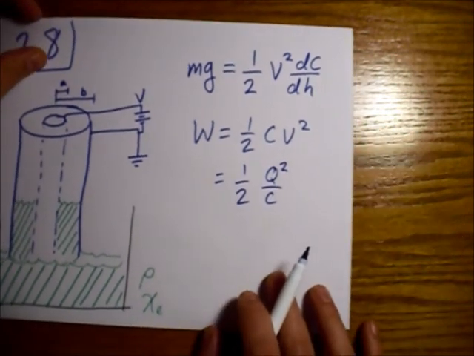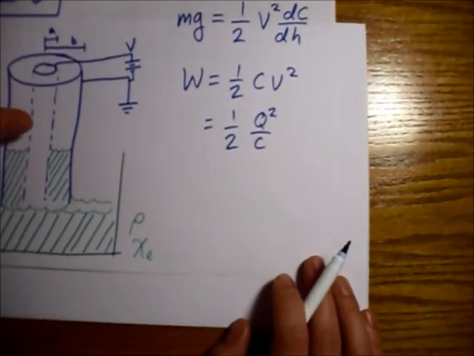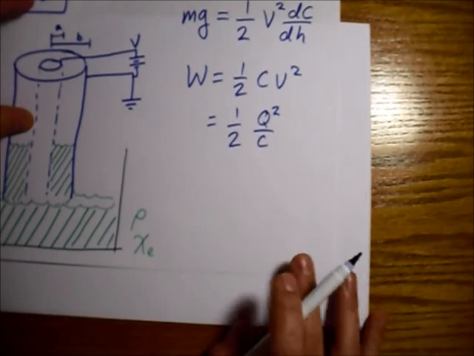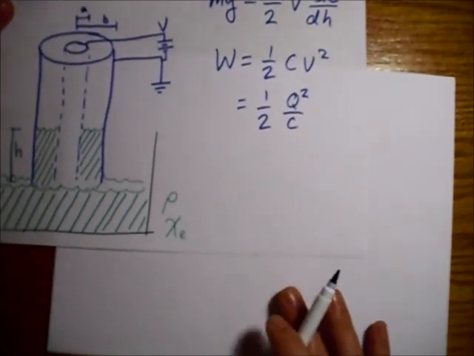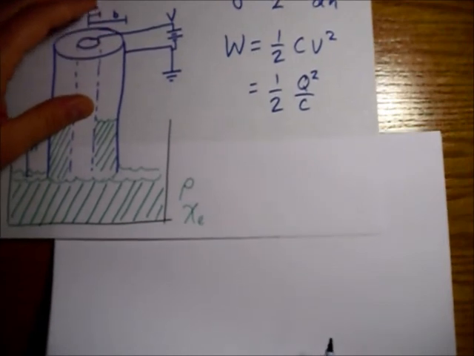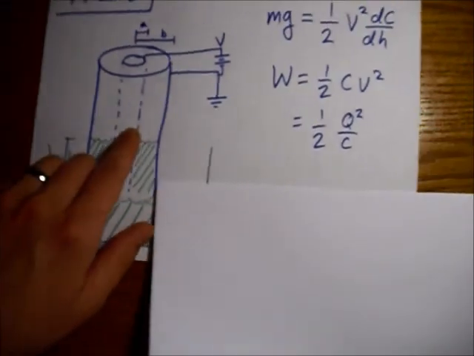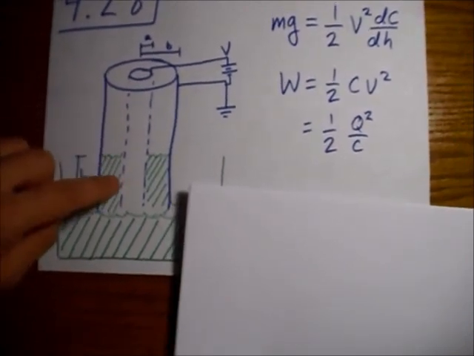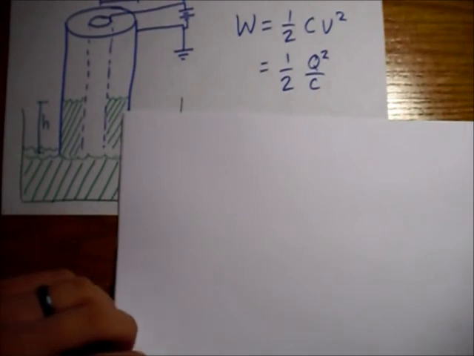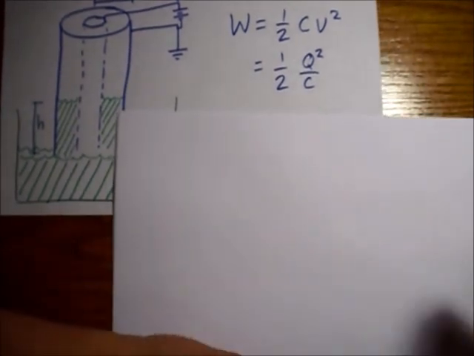All right, let's start by looking at the potential in the different parts of this capacitor. Okay, so this is just starting from Gauss's law, right?